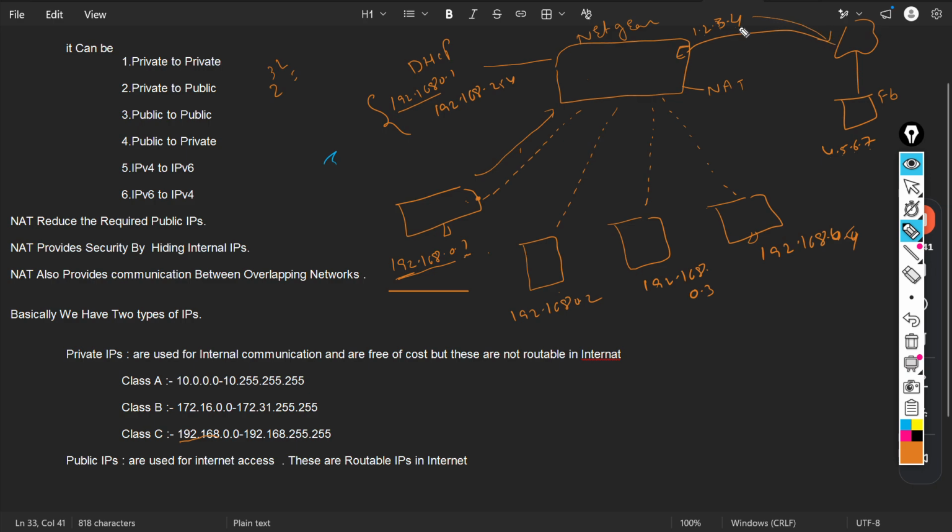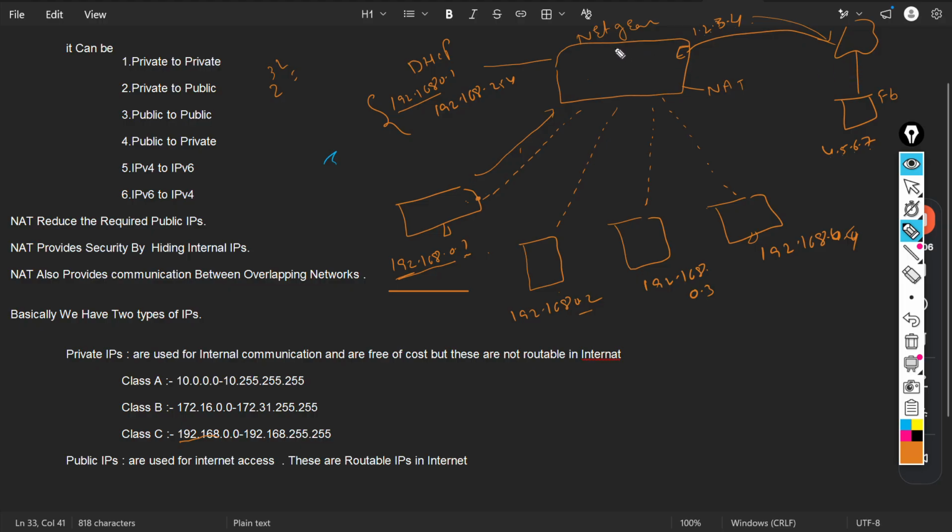This is called translation. And whenever a second device accesses the same server or another public server, the same thing happens. Source IP is 192.168.0.2. This IP will also be replaced with 1.2.3.4 only, and it will forward.